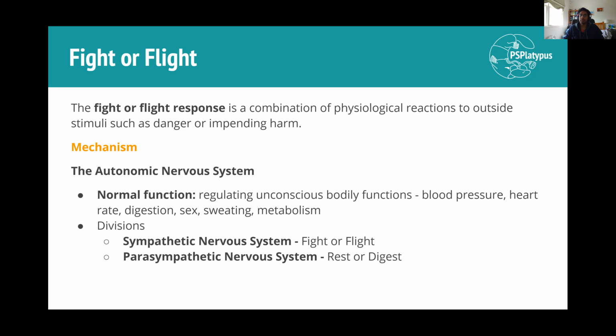So we have something called the autonomic nervous system. I don't know how much you guys have done regarding the nervous system, but the general idea is we've got a few different divisions. One of the biggest divisions is called the autonomic nervous system. So this is basically your nervous system does a lot of work without you realizing it. So at any point, you're breathing, you're digesting food, your heart is beating. There's a lot of stuff going on in your body, which you don't directly control.